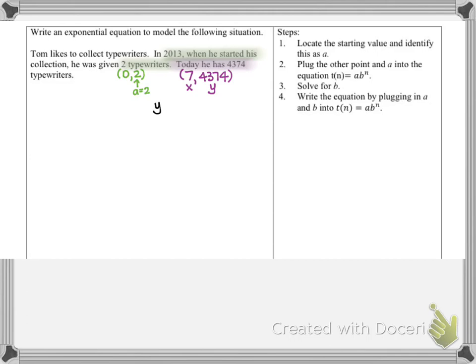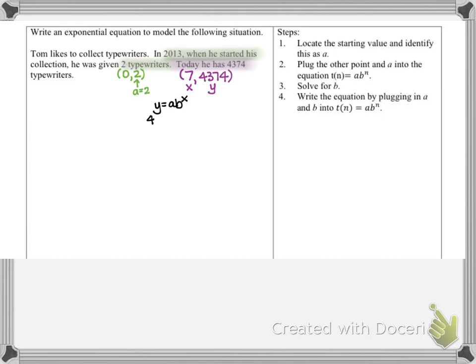So I get Y is equal to AB to the X. And I think I'm going to turn it back into T of N's at the end. So if it's easier for you to manipulate something in X's and Y's and then at the end change it, that's fine. If not, you can start now and do this as N and T of N.